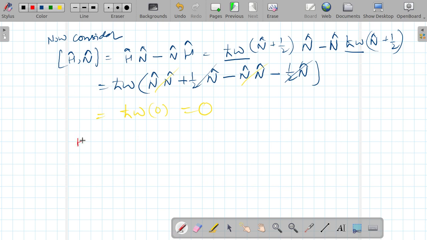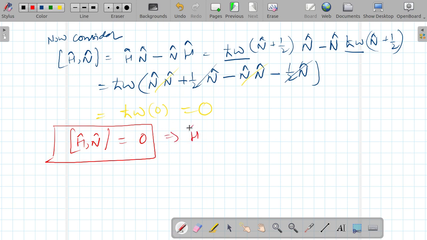So that means commutator of h and n will be equal to 0. That means this h commutes with n.